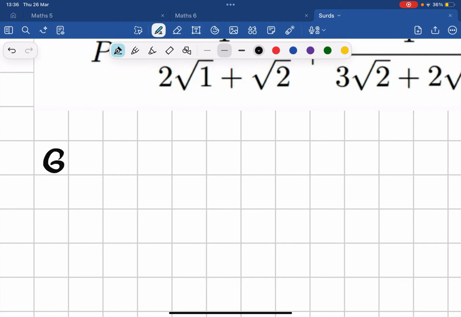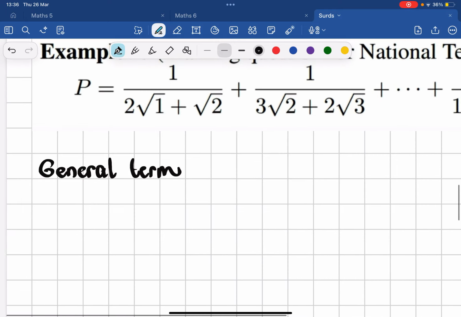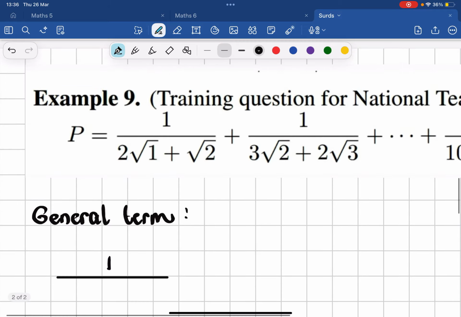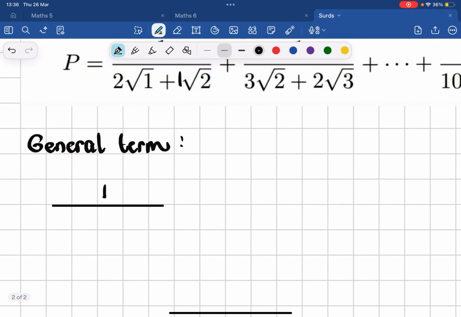So our general term of this sequence, we can say, is 1 over, well, let's imagine there's a 1 here, but there's 4 terms on the bottom, so we have k plus 1 multiplied by root k, so let's make this slightly bigger. k plus 1 multiplied by root k plus k times root k plus 1.